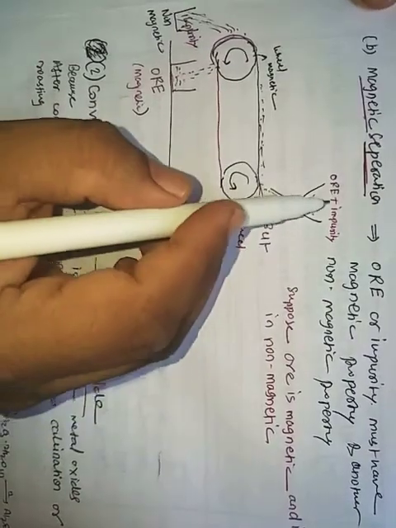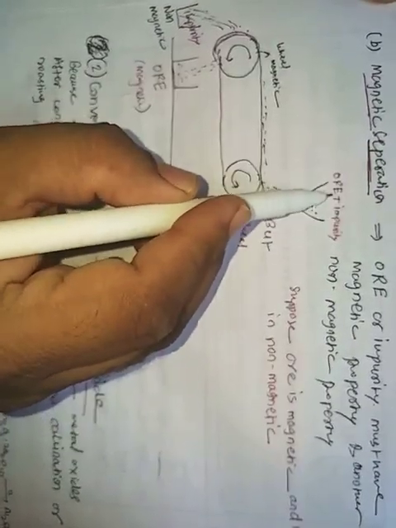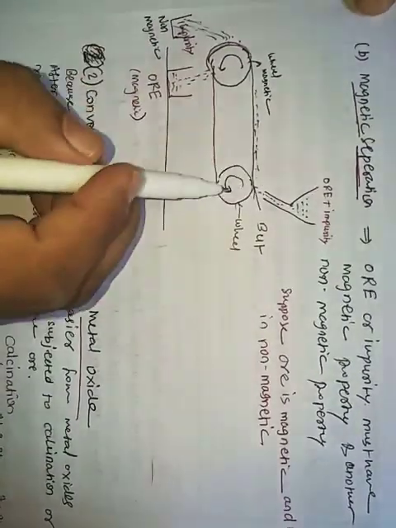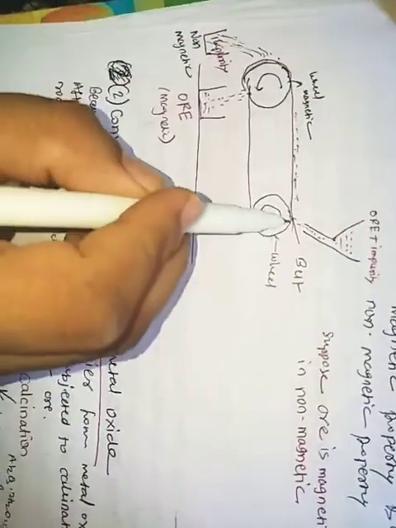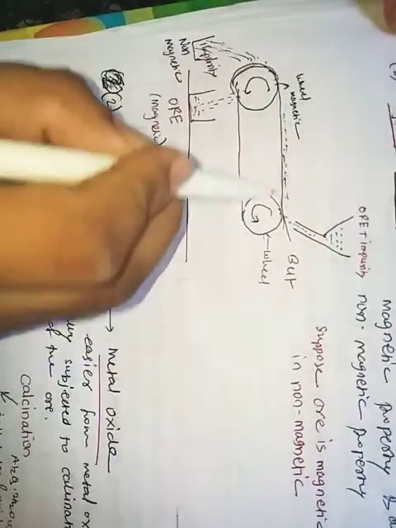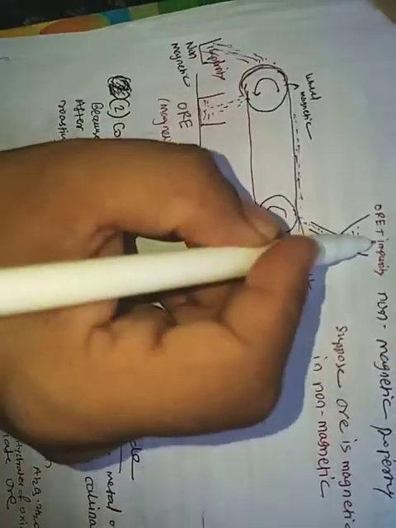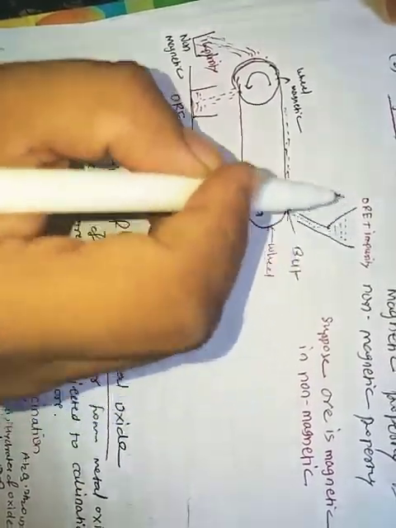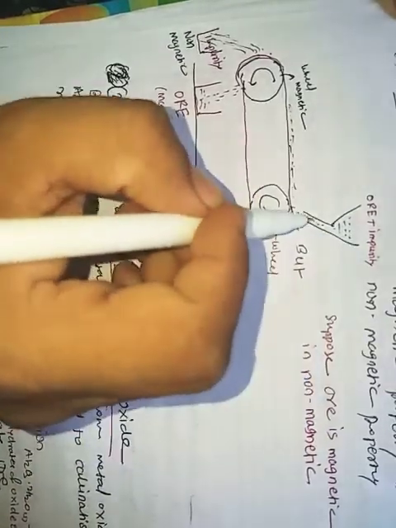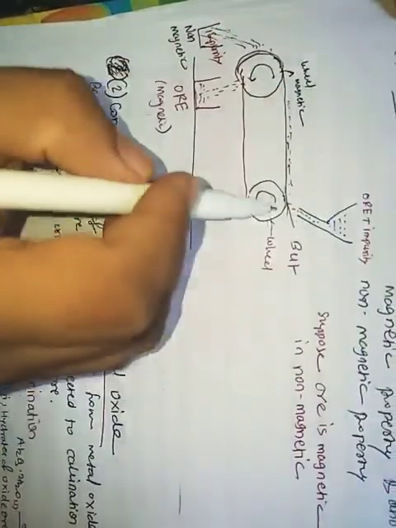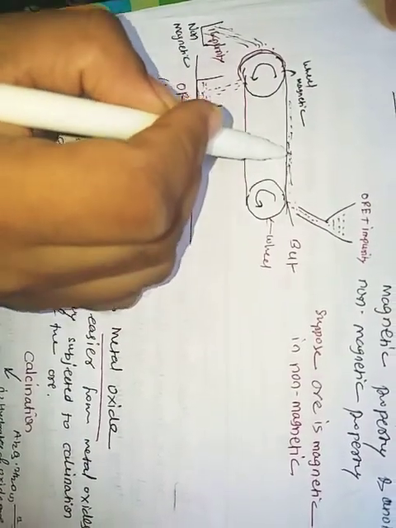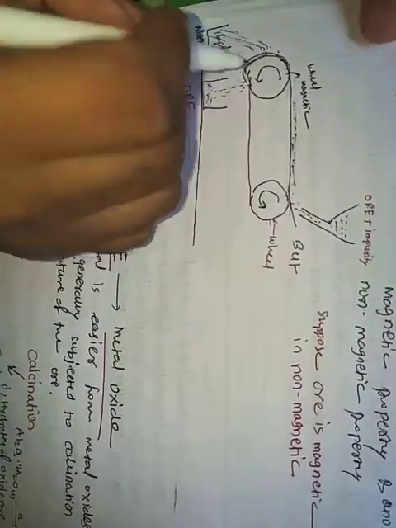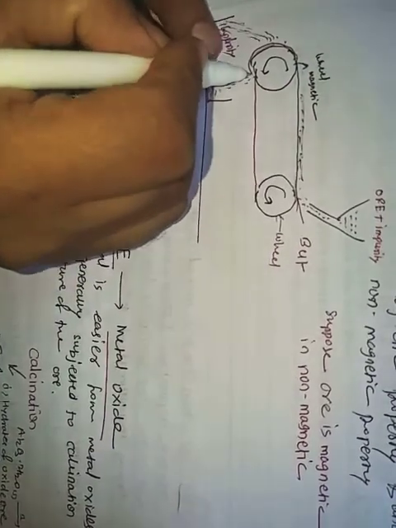See here, suppose we add ore plus impurities. As you know, two wheels are there with a conveyor belt. Once you add ore plus impurity, it will come along here, and up to here only the magnet is there.